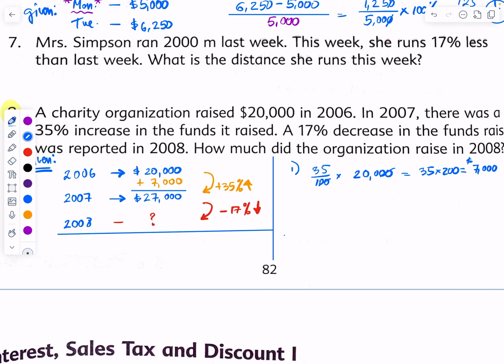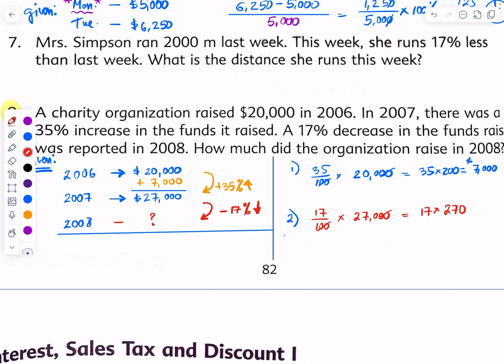Now, based on that benchmark, there was a 17% drop. So let's compute the 17% drop based on $27,000 benchmark. So 17 out of 100, that's 17% off $27,000 raised in 2007. Let's go, cancel out, simplify before you multiply, and it is 17 times 270. I hope you can do the math.